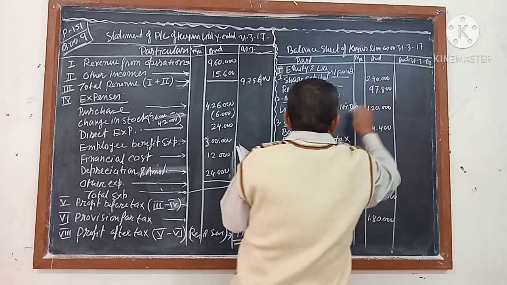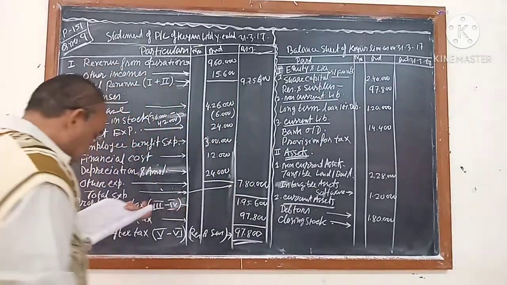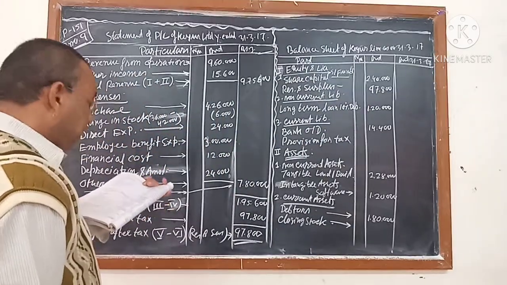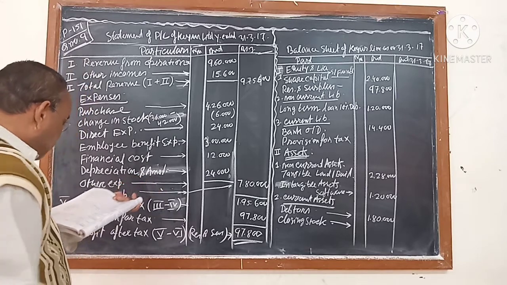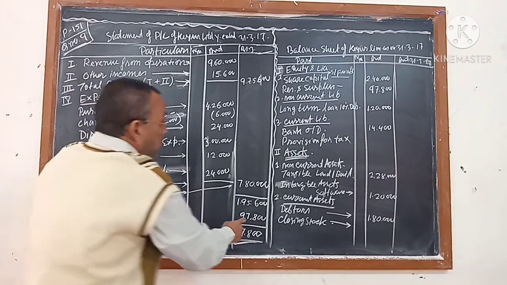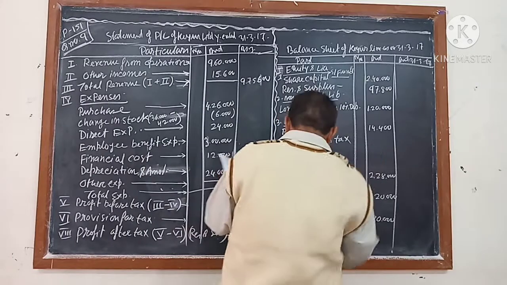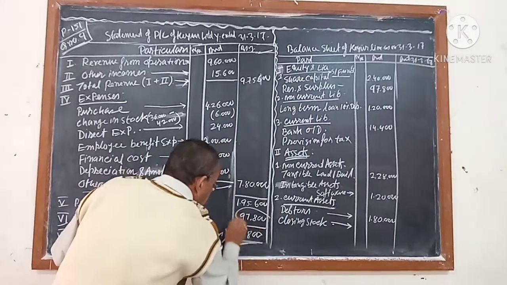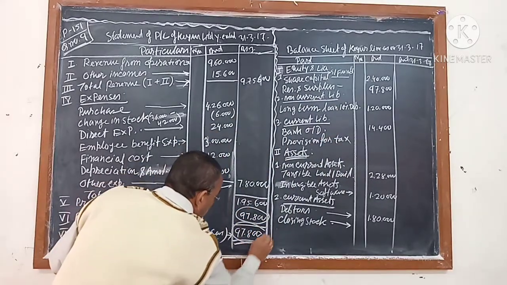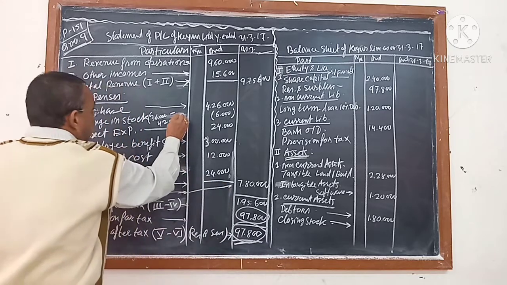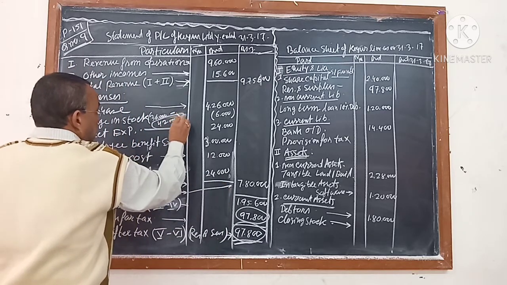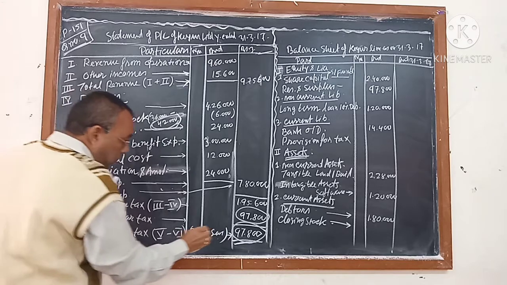This is called the profit which you are getting, 97,800. And provision for tax. Here is one place. Provision for tax, this amount is going. This amount also is going, and this amount also will go. Keep in mind these three places where we wrote.